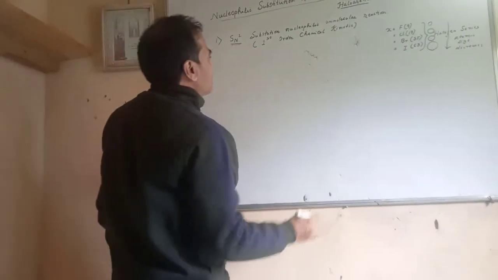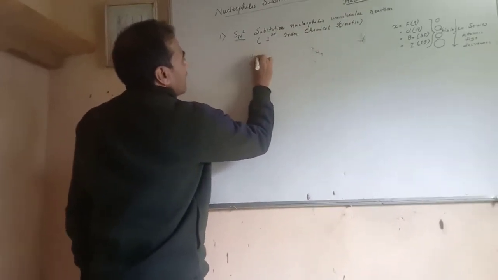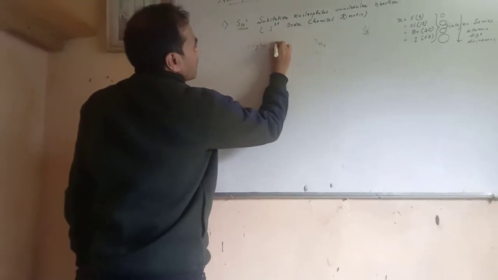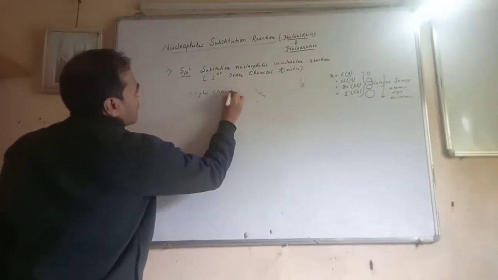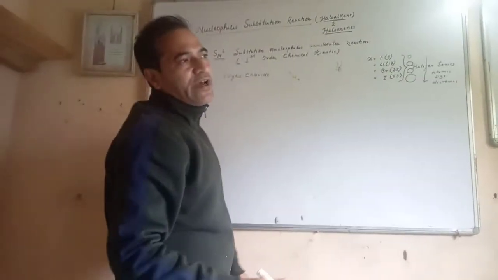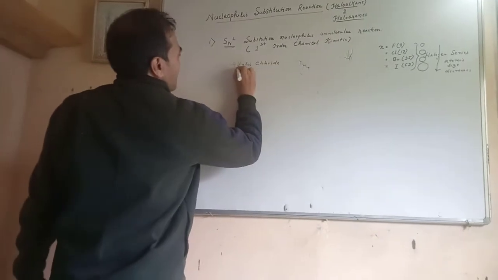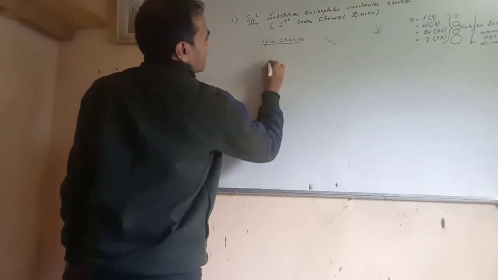Now let's take the allylic chloride. It will give a picture of how the carbocation undergoes resonance. Now take this allylic chloride.